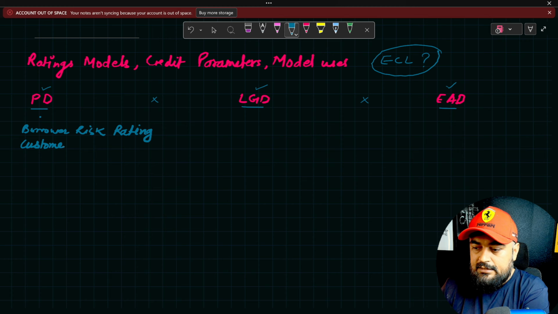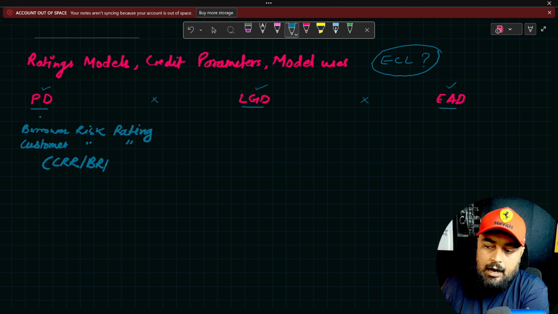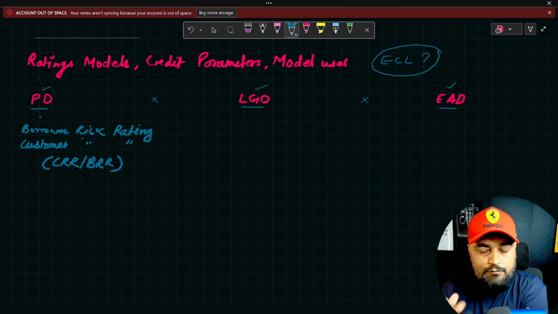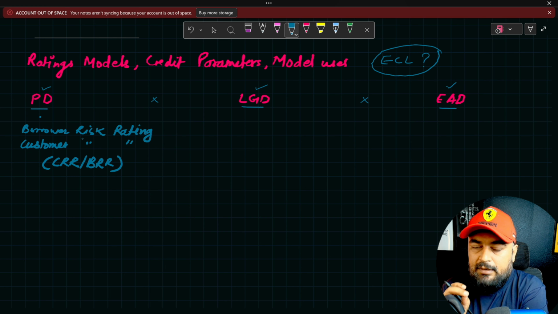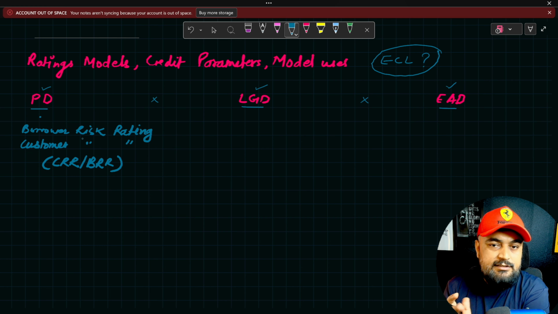So we can say customer risk rating or borrower risk rating. We call this concept CRR or BRR. So what is the borrower risk rating and how is this associated with probability of default? Probability of default is a mathematical number. For example, that there is a 30% chance that anybody will default, right?